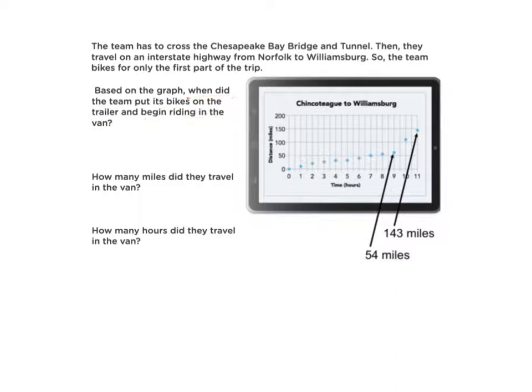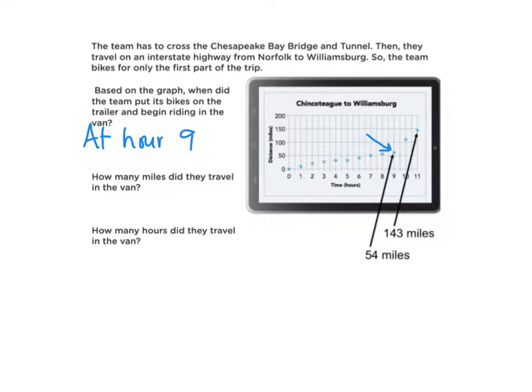When you get in a van, you would imagine that your speed is going to increase. So we can see right here at hour 9, right after hour 9, the dots go up steeply. So that means they must be traveling faster because they're covering more miles in an hour. So we would say at hour 9.